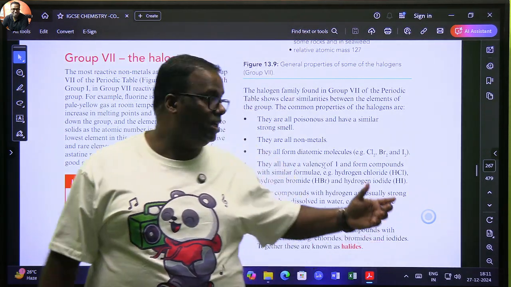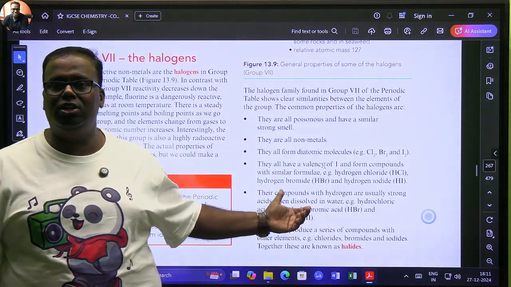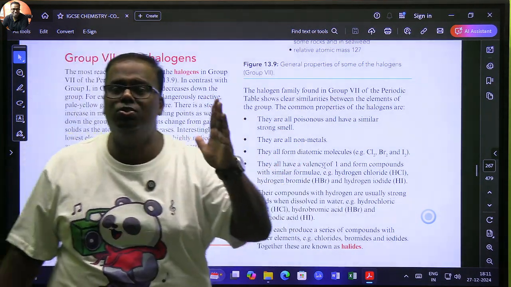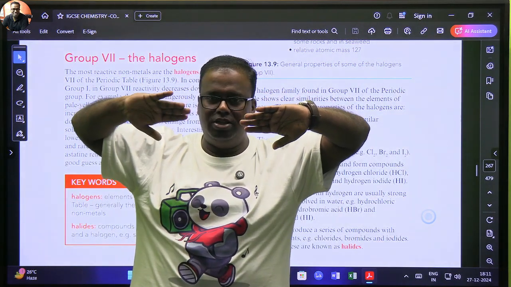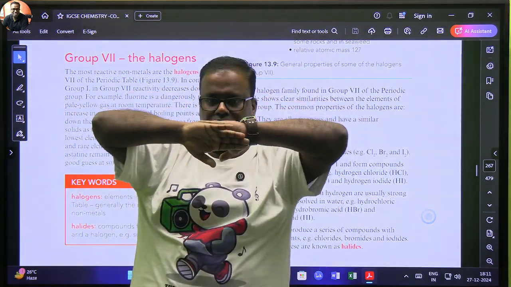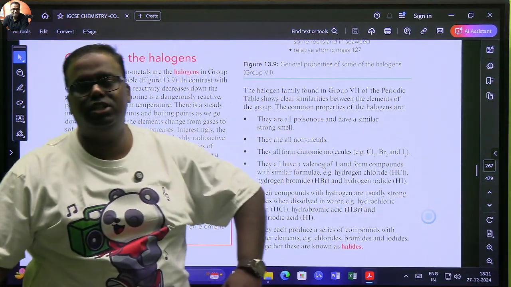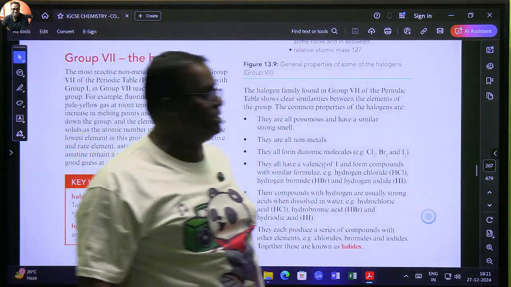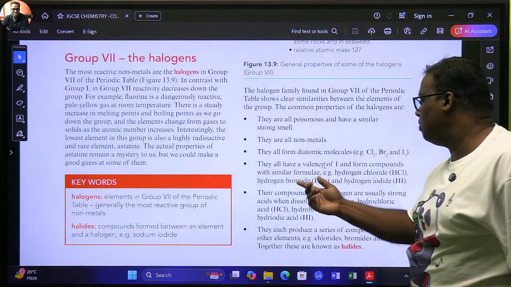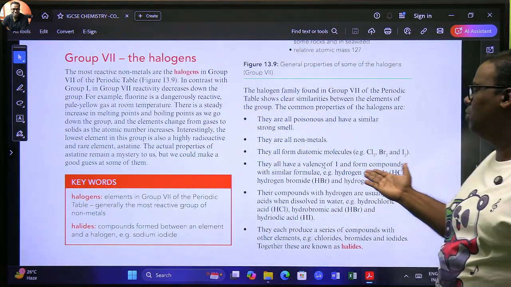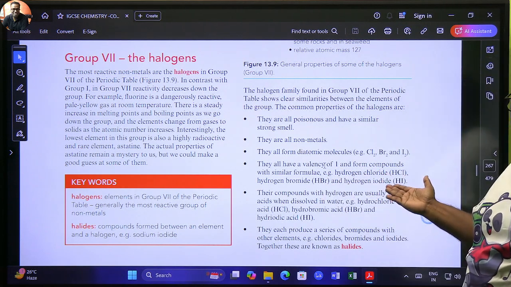So in the case of halogens, you see diatomic molecules being formed like Cl2. This chlorine needs 1, this chlorine needs 1, so they share an electron. So Cl2, I2, Br2, F2, you will see this formation. They all have valency of 1 and form compounds with similar formulae with hydrogen: hydrogen chloride, hydrogen bromide, hydrogen iodide.